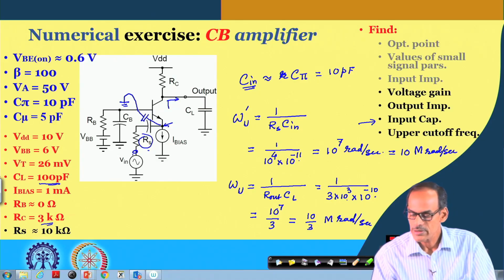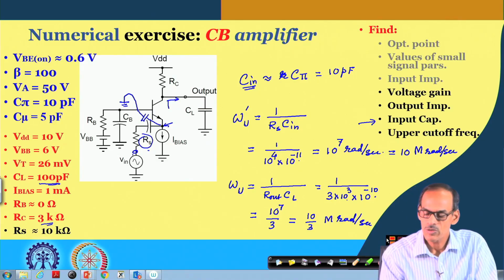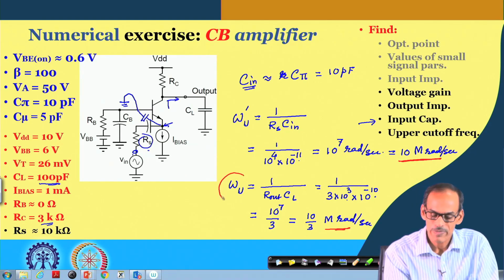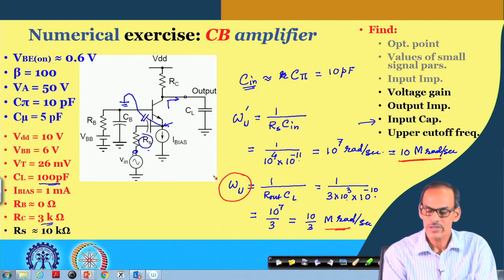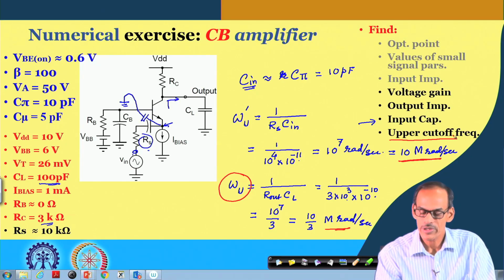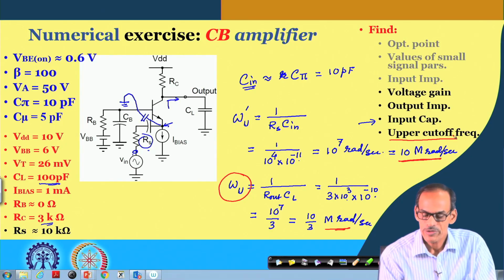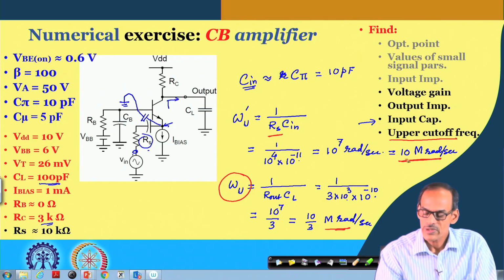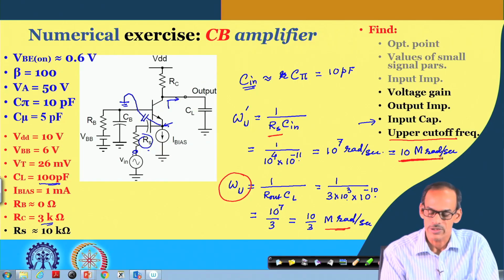Now, incidentally, in this numerical example, this is still higher than this one. So, I should say omega u will define the overall upper cutoff frequency, but we need to be careful that if R s is higher and higher, then this may also create a bandwidth limitation.